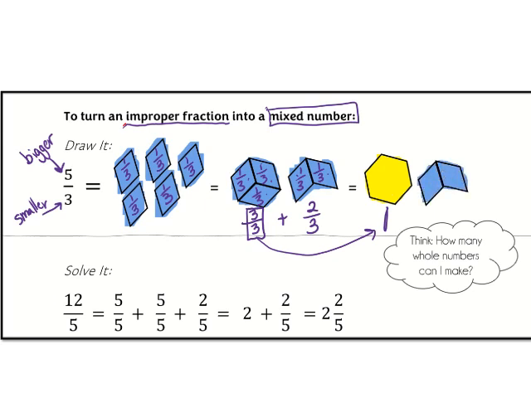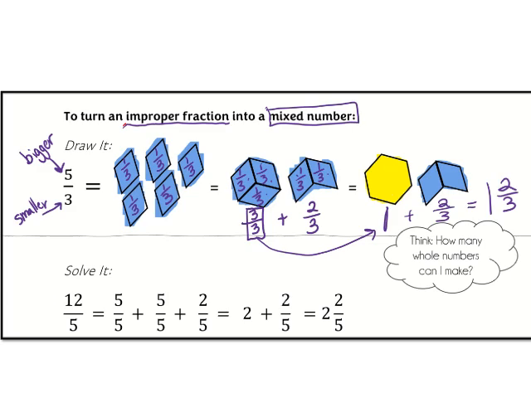They're still there. I didn't have enough to make another whole number. So they're still 2/3. I have one whole and 2 more thirds. And then I can write it as a mixed number, 1 and 2/3. 5/3 is equivalent to 1 and 2/3.